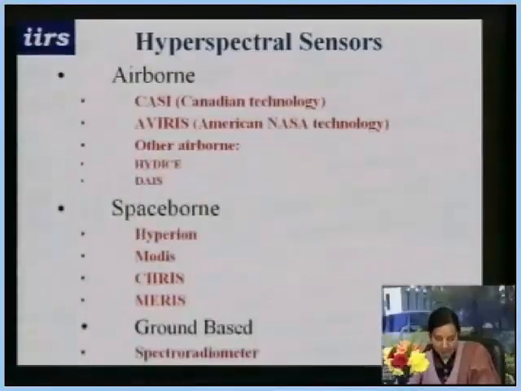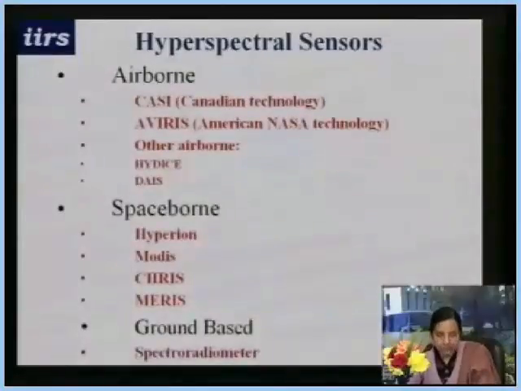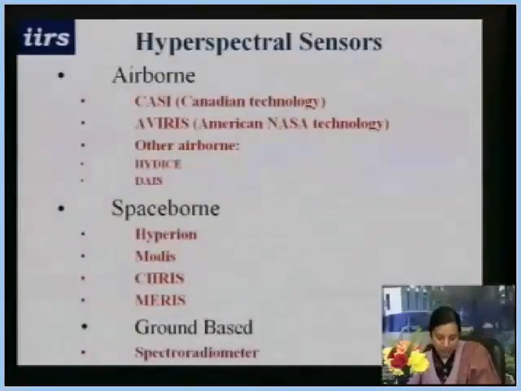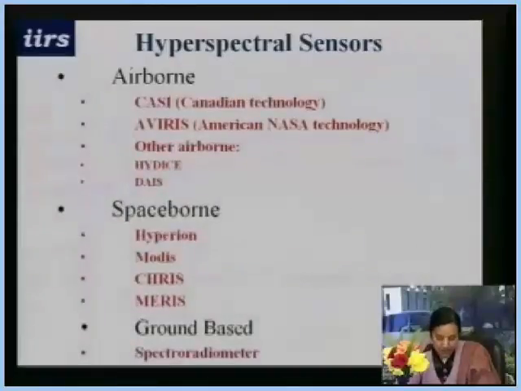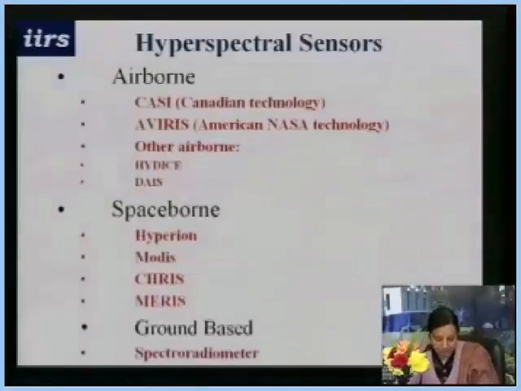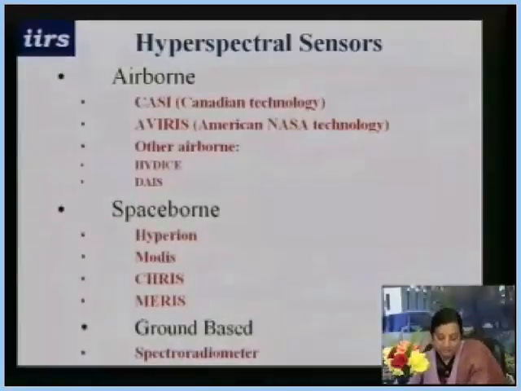These activities subsequently led in 1987 to the first visible and near-infrared airborne imaging spectroradiometer, which measures radiation in the visible and the shortwave infrared, known as AVIRIS. And in 1988 to the first commercial instrument called ITRES, a compact airborne imaging spectroradiometer. Many more airborne systems were developed since that time.